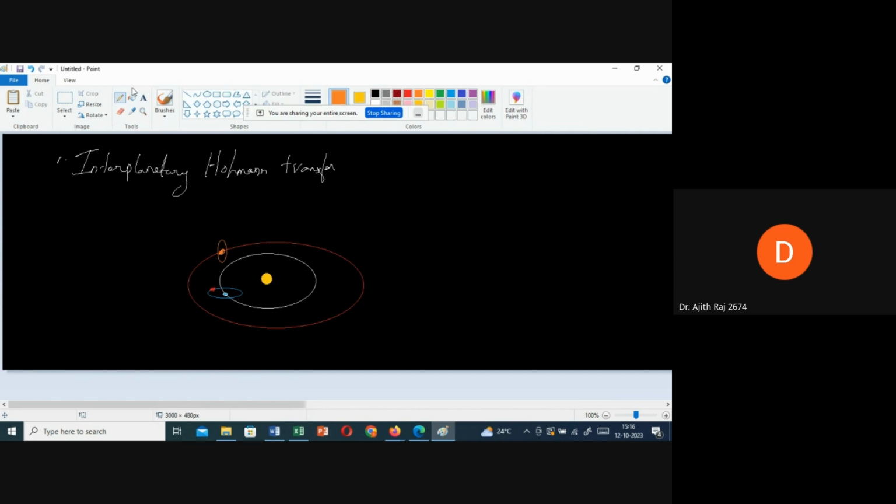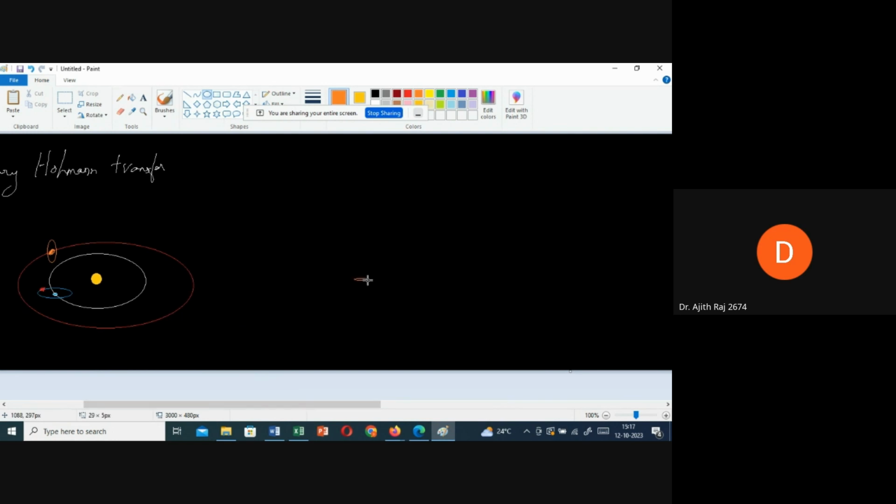Earlier we have studied this. I will now draw it another way, taking only the Earth in a separate diagram. This is the real scenario, whereas now I am taking only this. Let us say this is your Earth, and some spacecraft has been revolving around it.